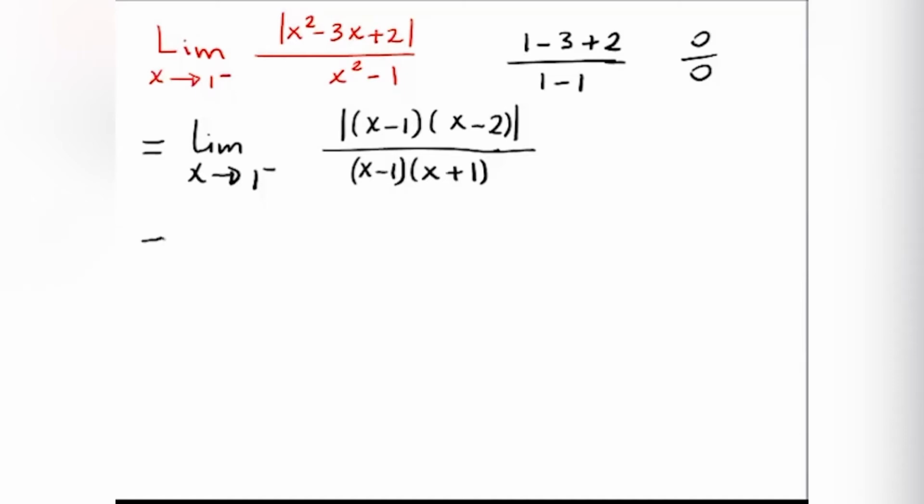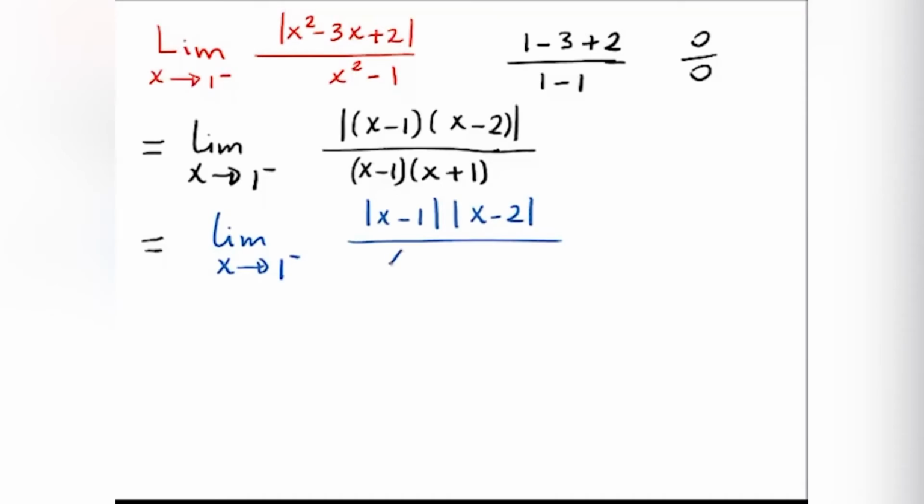Now we simplify things. I will distribute the absolute value in the numerator. So as x goes to 1 from the left, this is going to be the absolute value of x minus 1 times x minus 2, divided by x minus 1 times x plus 1.